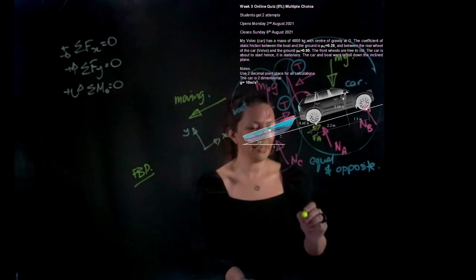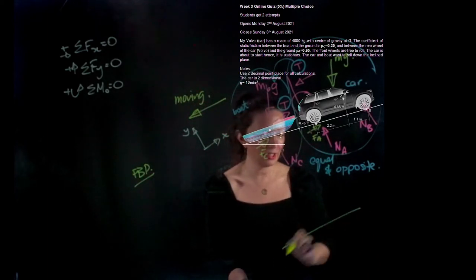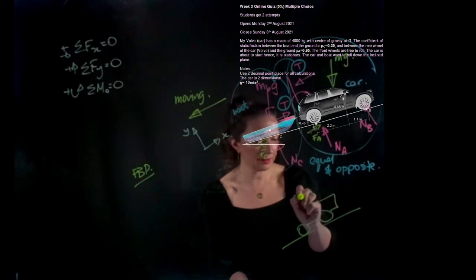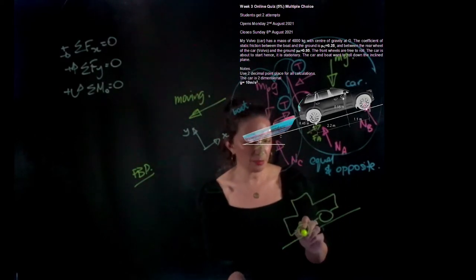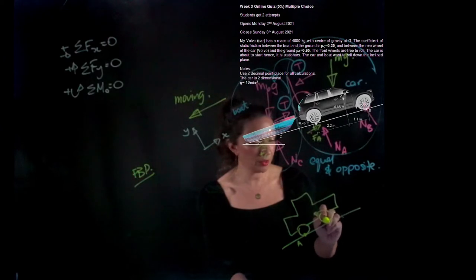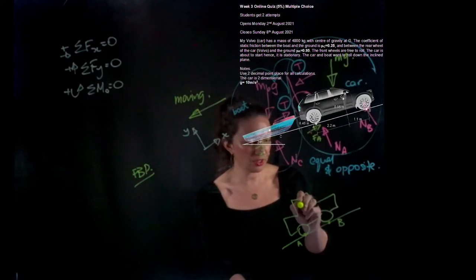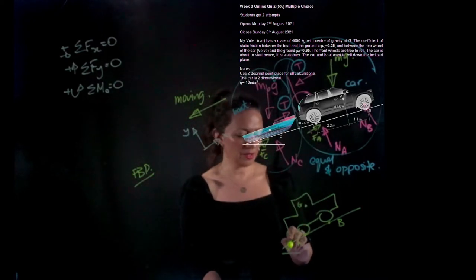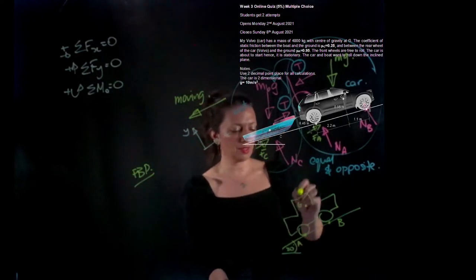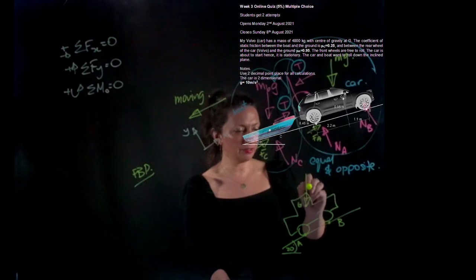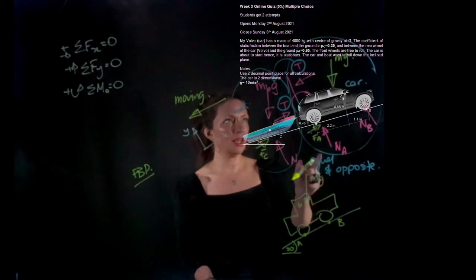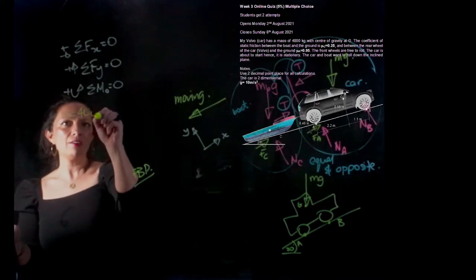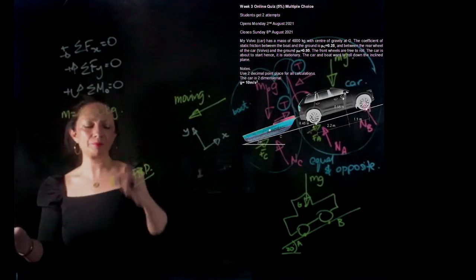Here we have our inclined plane, and this is my car. This is point A, point B, and here is G. We know at G, and oh hang on, here's my 20 degrees inclination. At G I have mg, and the question tells me that my mass is 4,000 kilograms.